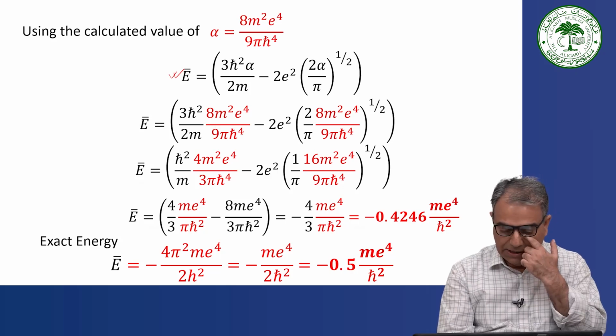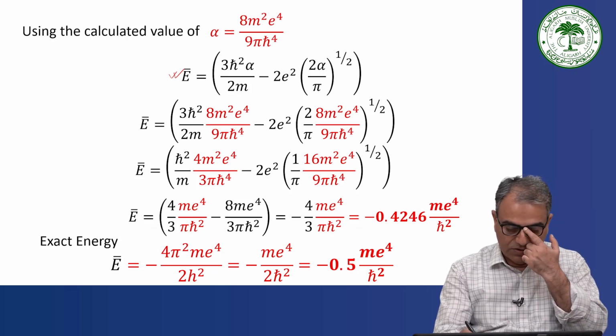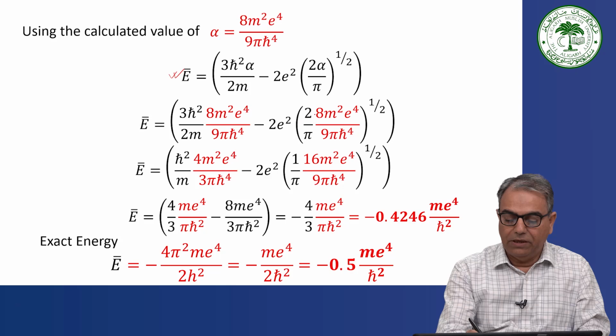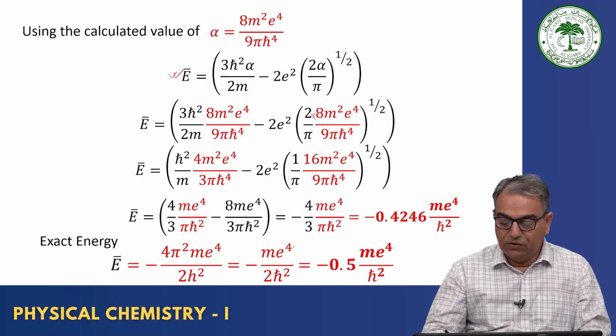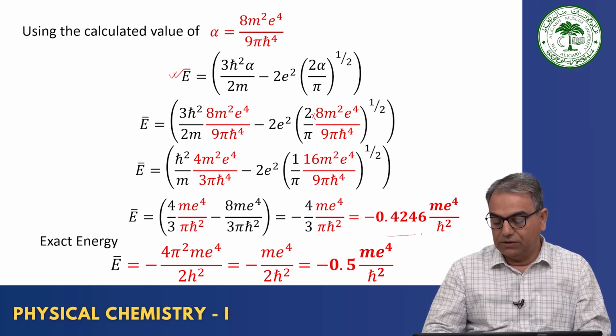And then you have alpha here also. So this alpha value multiplied by 2 multiplied by 8 will be 16. And finally the energy value you get is minus 4 by 3 m e raised to the power 4 over pi h cross square, or minus 0.4246 me4 divided by h cross square.